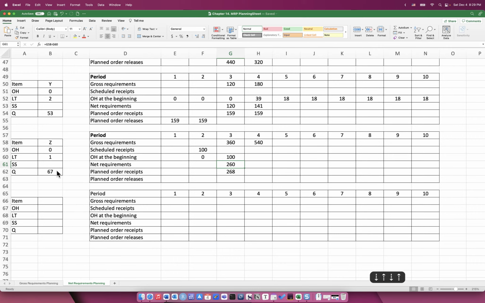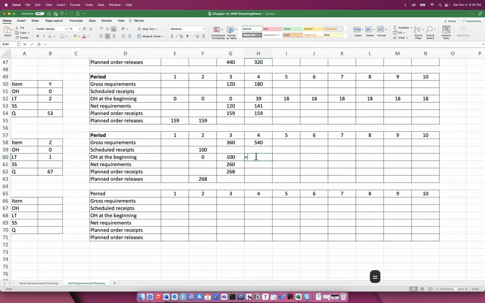It looks good. So the lead time is 1, right? So you're releasing 268. You start to make Z 1 week before when it is needed. So the difference is 8, right?